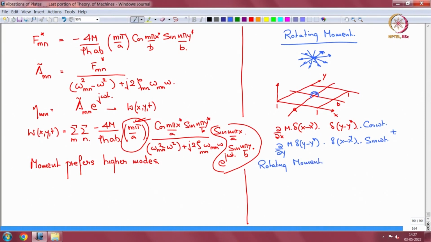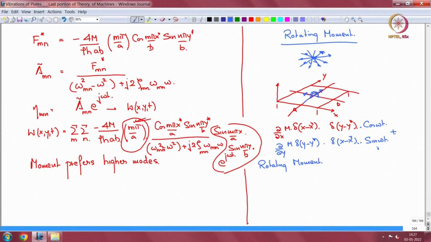At t equal to 0, it is aligned along this, and it has no component along the y direction. At t such that omega t is pi by 2, there is no component along this, there is a component along y direction.